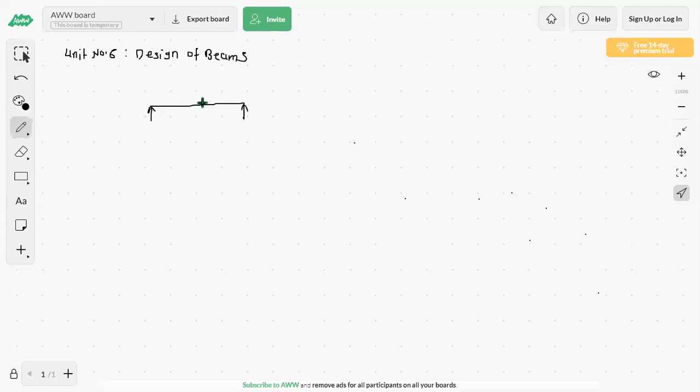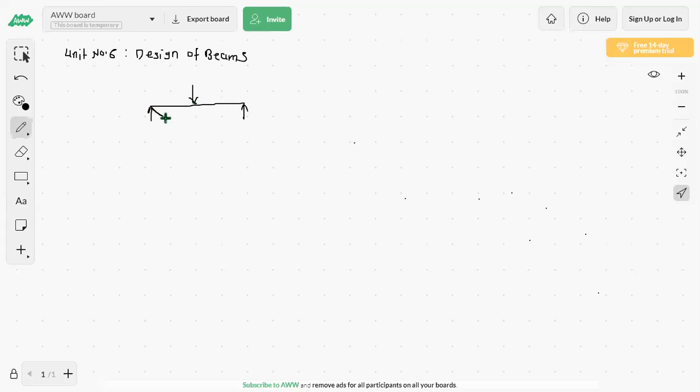What is the technical definition of this beam? See, the beam is the structural element subjected to transverse loading in the plane of bending.